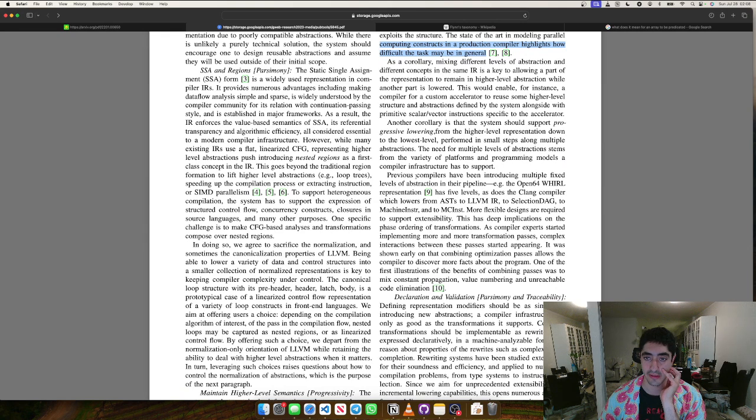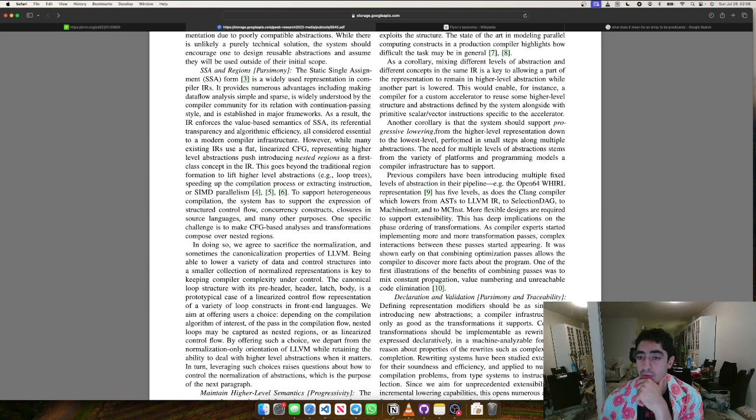Another corollary is that the system should support progressive lowering from the higher level representation down to the lowest level, performed in small steps along multiple abstractions.